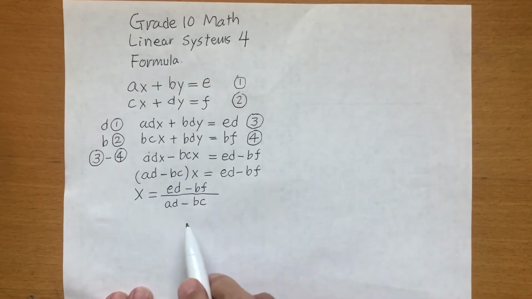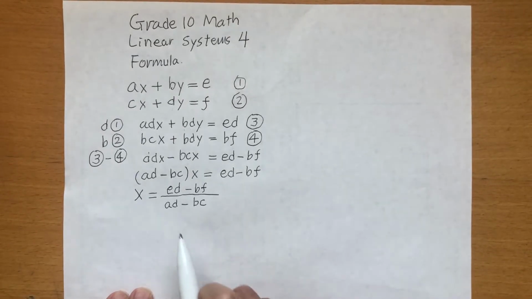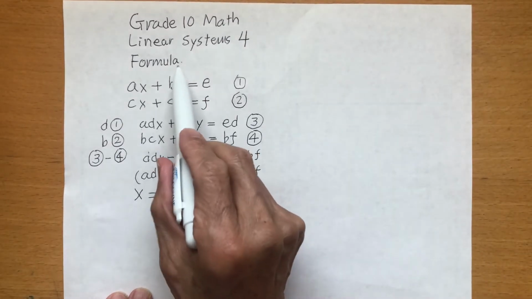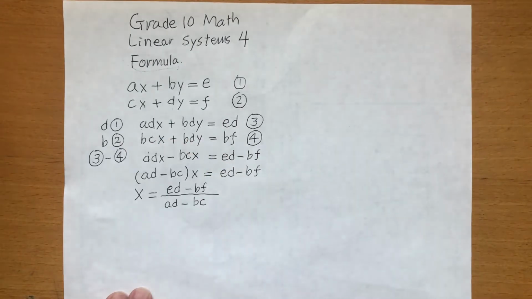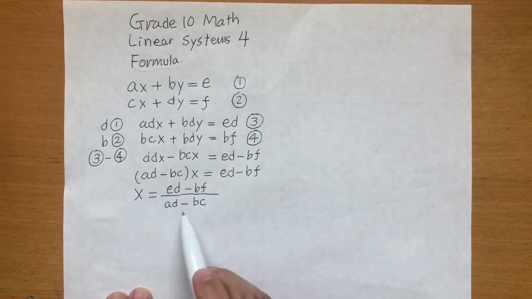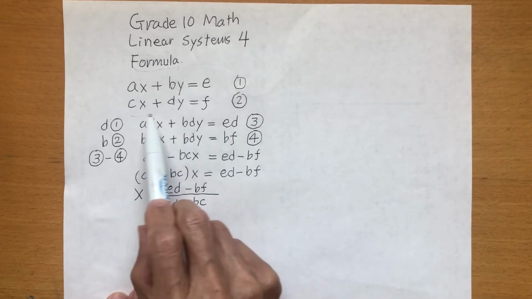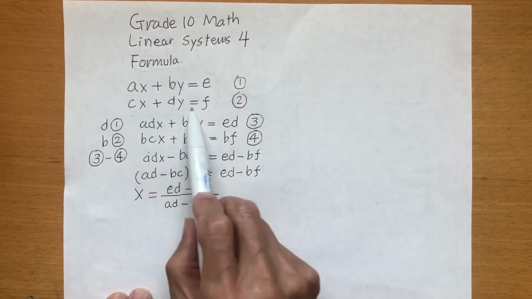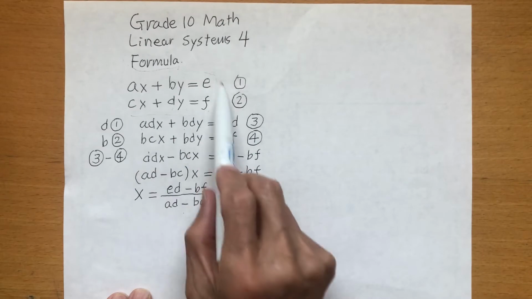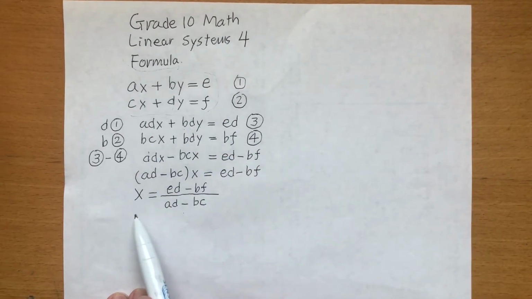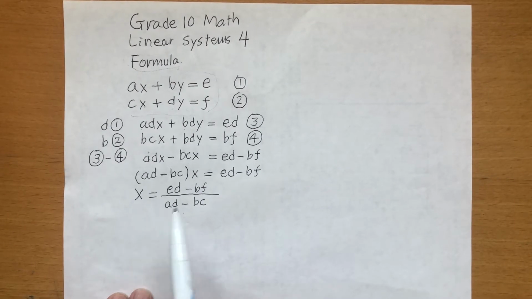And this result is what I mean by formula. So this is my formula. So when you are given a system of equations like this, you can use this formula to get the answer X. Similarly, you can get the answer Y.